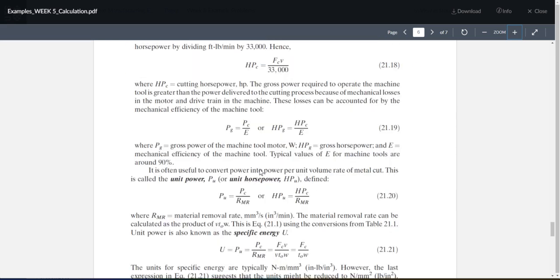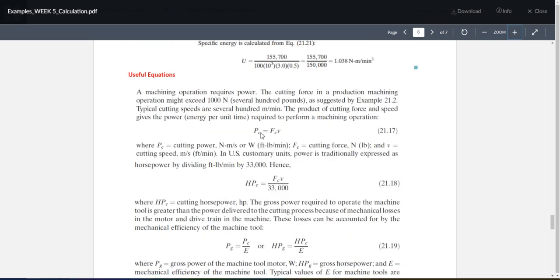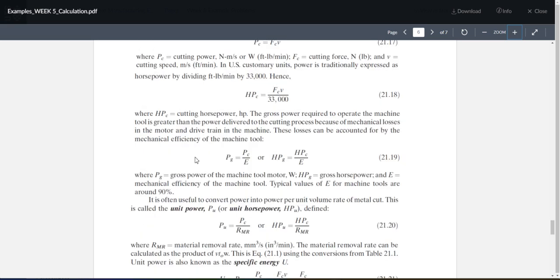This will be the first equation I'm going to use. That's if we're going to have the efficiency, so we can get the value of the gross energy, because that's actually the cutting power. But that's what we are going to apply actually on the part. In real cases, we need to feed some energy to the motor. The motor is going to have some efficiency. The gross power that needs to be supplied to the motor is equal to the cutting power divided by the efficiency of that motor.